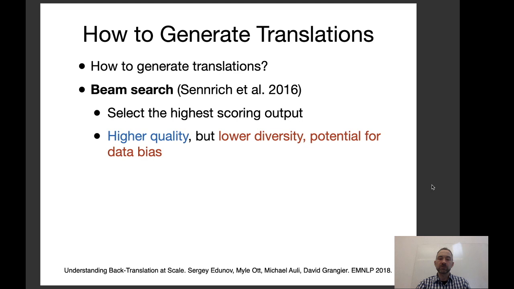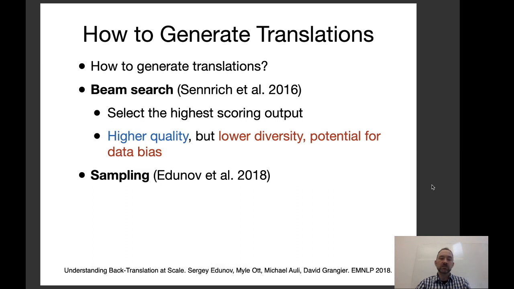For example, if there are two synonymous words that mean the same thing and one is more frequent than the other, a beam search-based system might select the more frequent choice all the time, and that would lead the model to not be able to translate the less frequent choice very well.